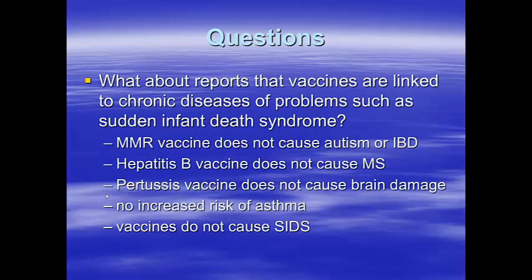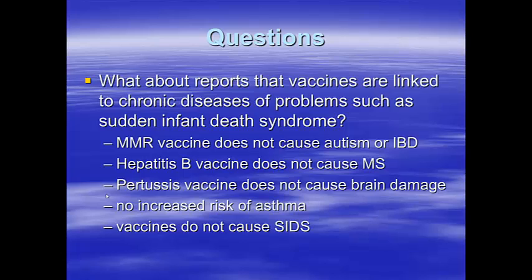Lots of concerns about severe adverse events related to vaccination. We talked about the most famous case, which is MMR and its supposed association with autism. That it has been debunked. Others have claimed that MMR is related to inflammatory bowel disease, also not confirmed in large studies and refuted basically in the medical literature.